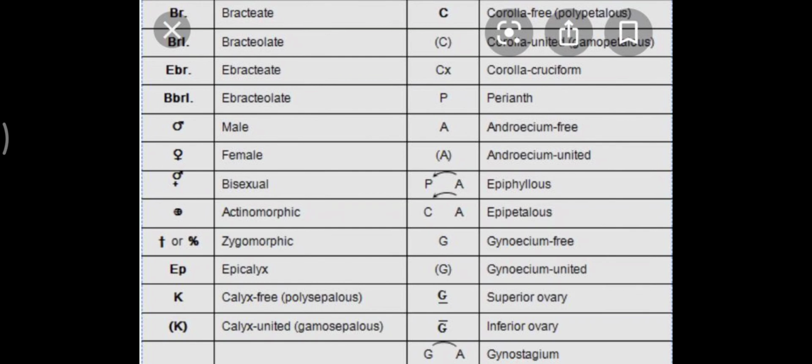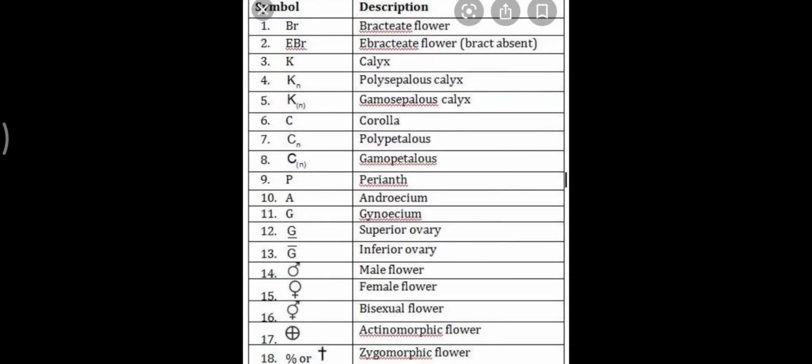So these are the few symbols that are written. You need to learn these symbols and note them down, because these symbols will help you in writing the floral formula when we will do the practical aspect of floral dissection. Few more symbols are given here, please do write them. So these are the symbols that we will use in the floral formula part.